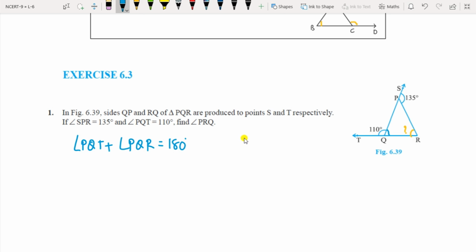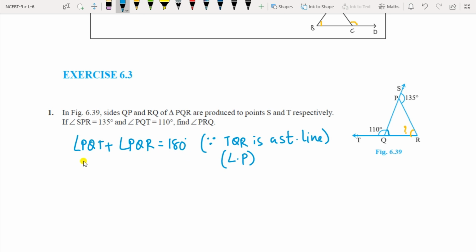You have to write the reason here. Since TQR is a straight line, therefore linear pair. So that's why it is 180 degrees.